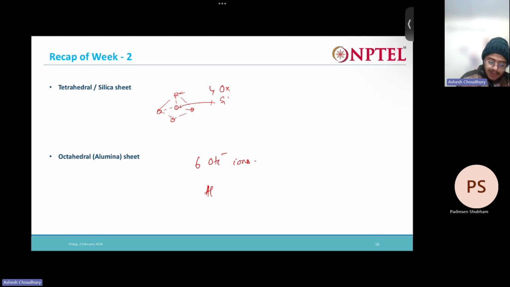Inside, if we have aluminum, then it is gibbsite. It is a gibbsite sheet, and inside, if you have magnesium, that is nothing but brucite. Brucite. That is the difference.